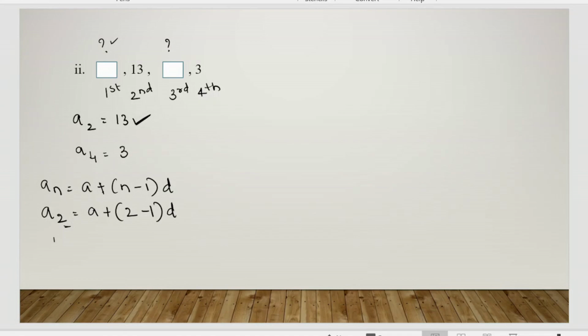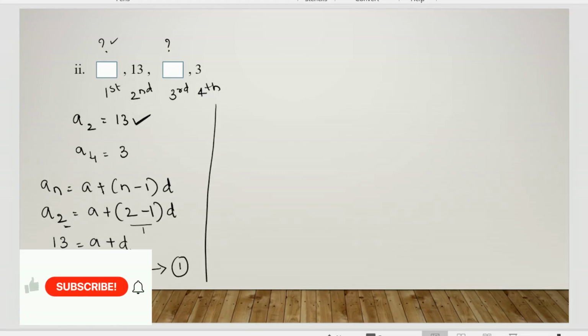So A2 is 13 is equals to a plus 2 minus 1 is 1 into d is d. We need to find the value of a, which is first term. So let us take d to LHS, which becomes 13 minus d is equals to a. Let us take this as equation number 1.